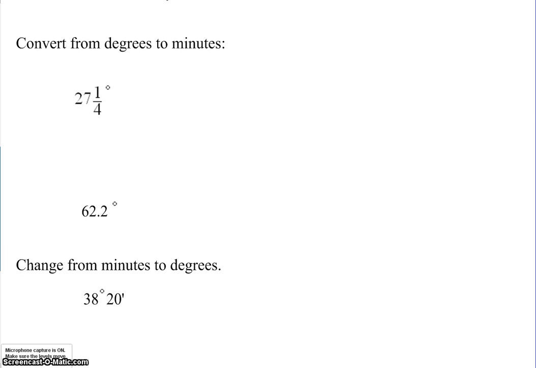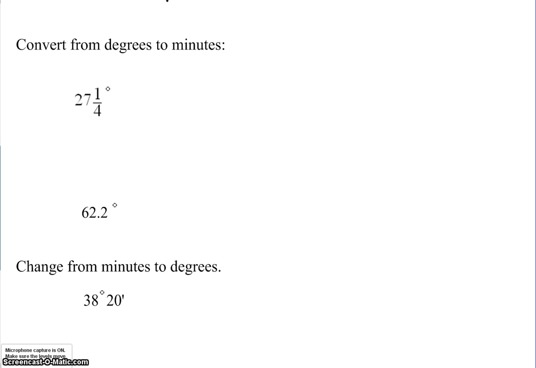So to convert from degrees to minutes here, we have 27 and 1/4 degrees. I have a little part more, kind of like if it's been 27 hours and a fourth more of an hour. We don't say it's 27 and 1/4 hours, we would say it's 27 and so many minutes. So let's figure out how many minutes that is together.